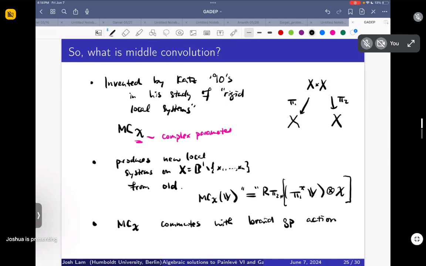And so if you black box all of this, then MC chi of MCG finite, well, maybe let's just say something with finite monodromy, is MCG finite.